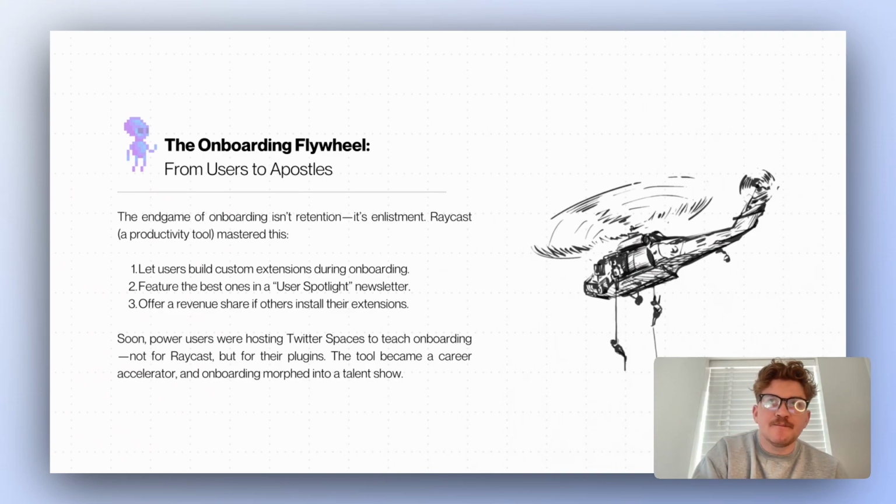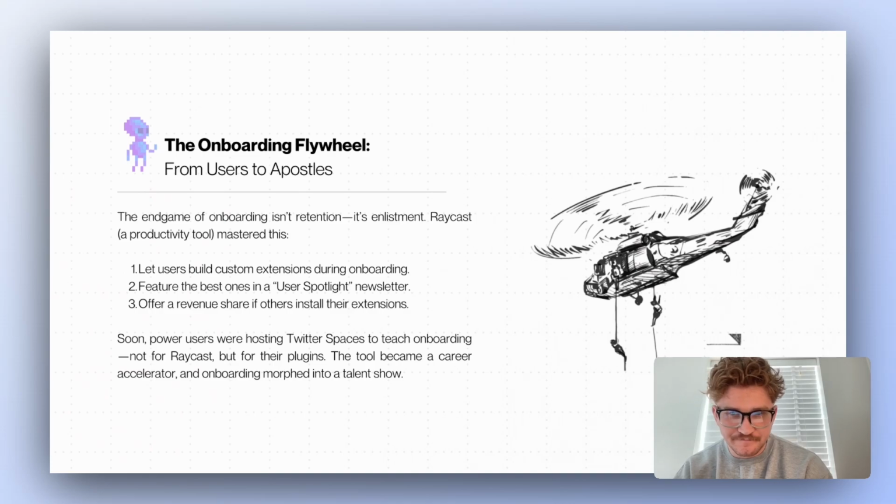But the tool became a big accelerator, because it morphed into some kind of talent show, like who can create the best extension for Raycast. And that, by virtue, is creating a growth flywheel for Raycast, because people are just talking about it, just like we talked about earlier with Lovable and Cursor and Clay and things like that.